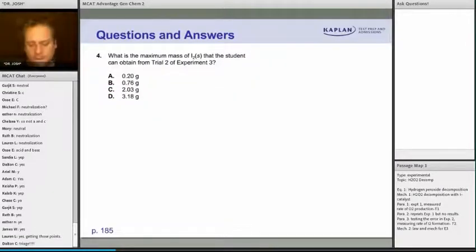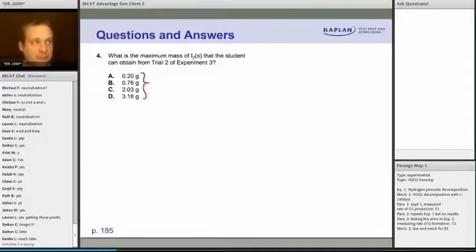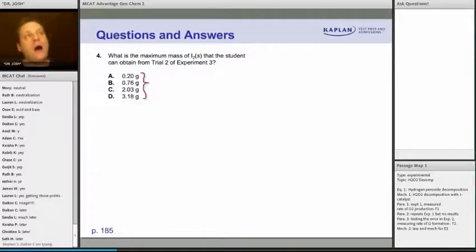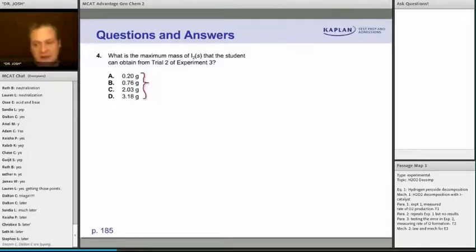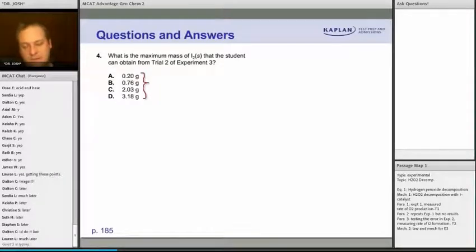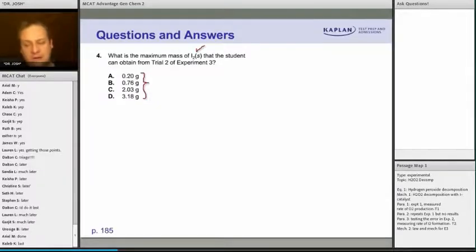Look at number 4. We're obviously going to be solving for mass. Think, is this good for now, for before we leave the passage, or perhaps even when we're done with the entire test? When do you think you might do this one?